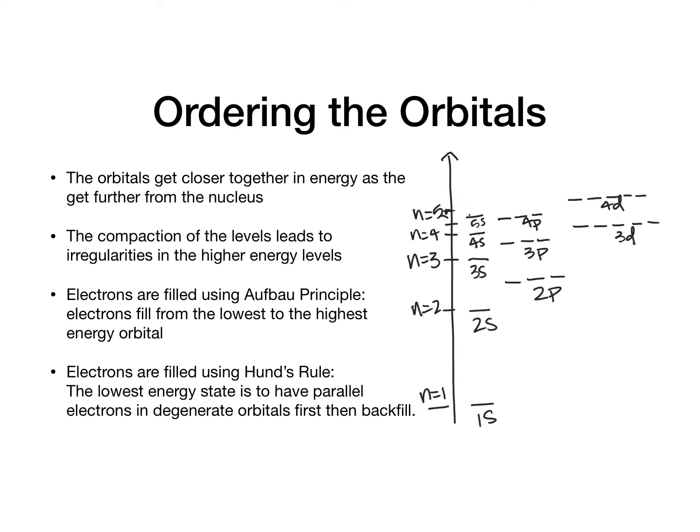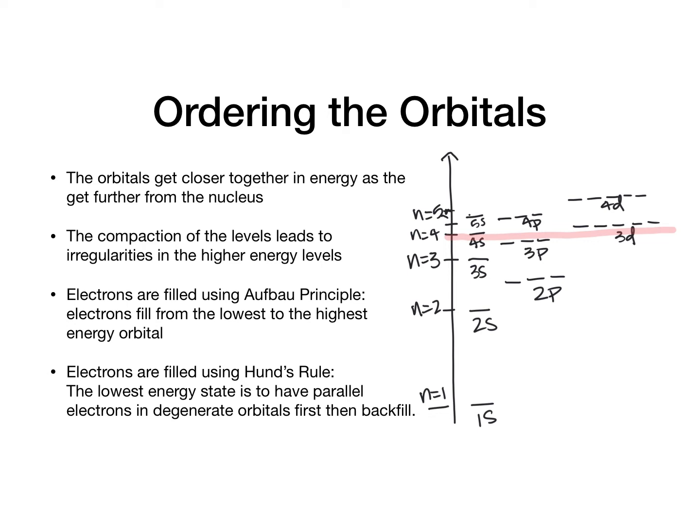So if we look at these, we can see some irregularities. Irregularities basically means that when we get out here, if we draw a line from the 4s, it's slightly below the 3d. So we're going to start to have to think about the patterns of different things and how this structurally changes how electrons look. So there are some tips and tricks on how to remember this, and we'll see those as this video goes forward.